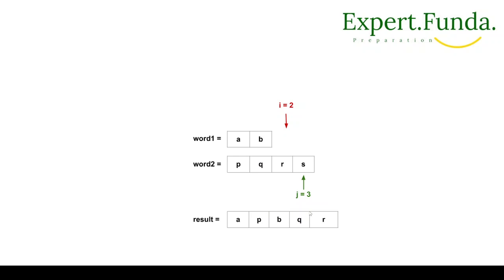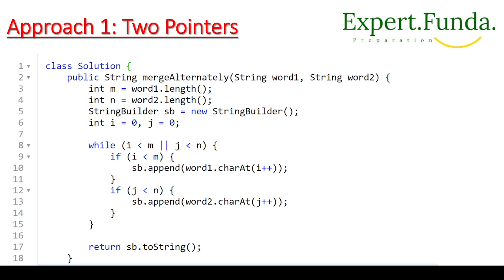Similarly, we don't have more in word1, so we'll continue with word2. We will add R here, and finally we'll add S here because word1 is not there. So we will complete adding all our letters into our merged string result, right?